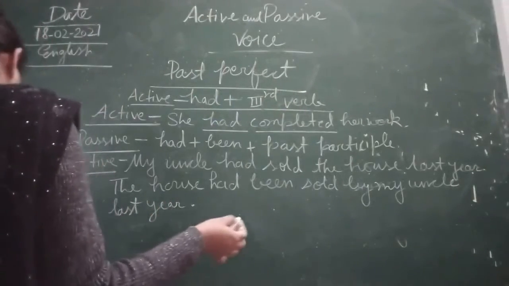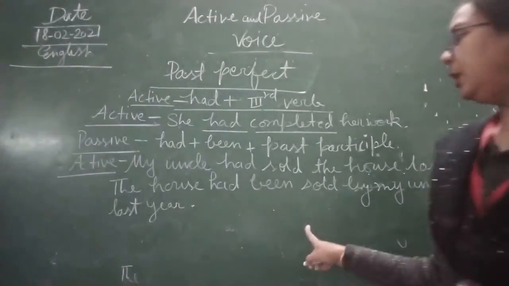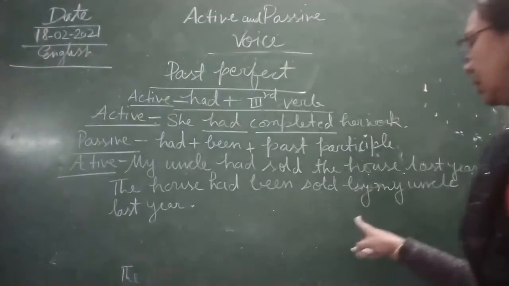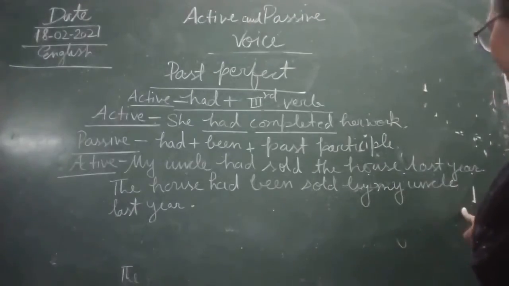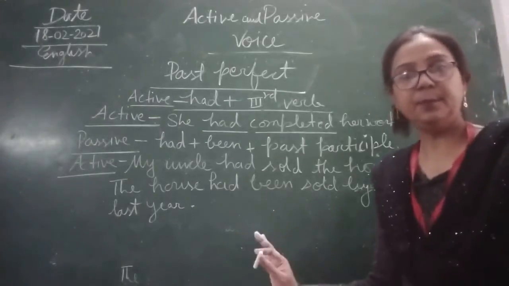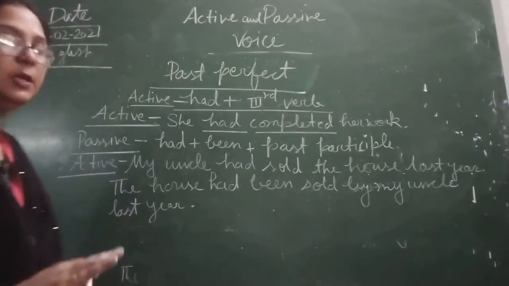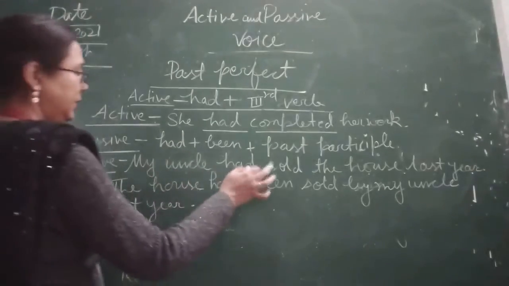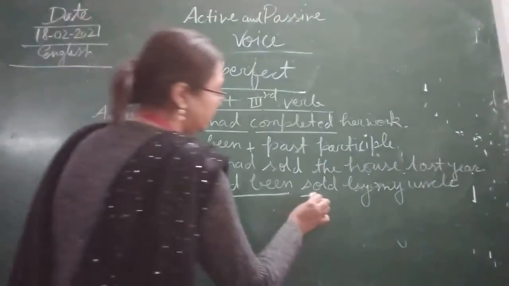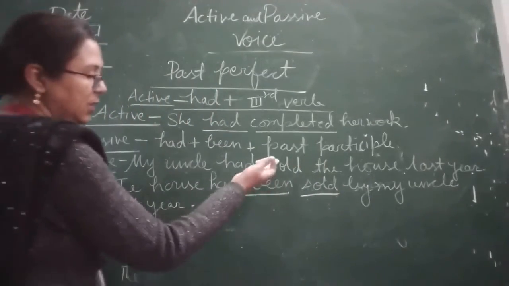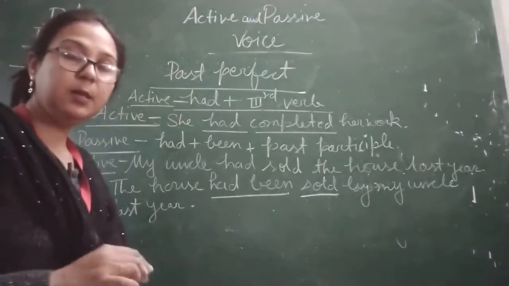Okay, what have we changed over here children? Only been we have used, and sold is there, and my uncle and last year. Simple. So according to the rule, we have only changed had been. We have written sold here, you can see, because in past perfect tense it is actually simple.